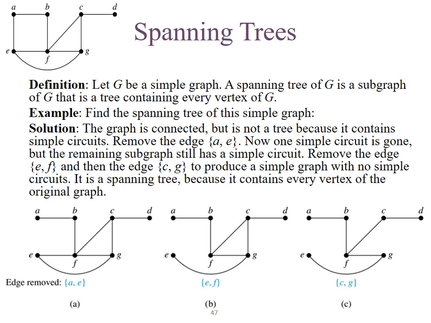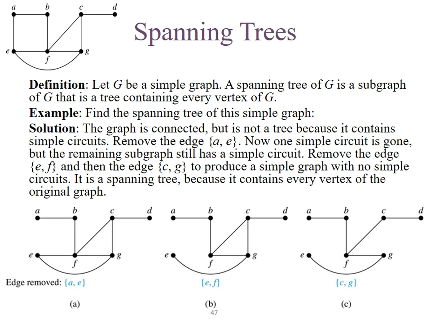A, B, F, E is a circuit. E, F, G, E is a circuit. And we also have the triangle C, F, G as a circuit. So in this case, it's not a tree. If G is a simple graph, maybe it contains circuits or not.